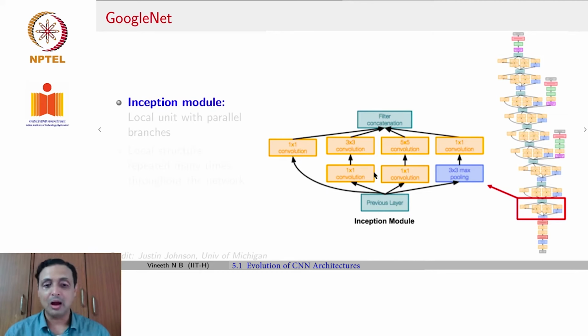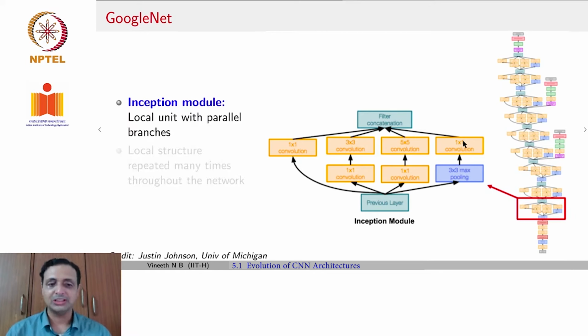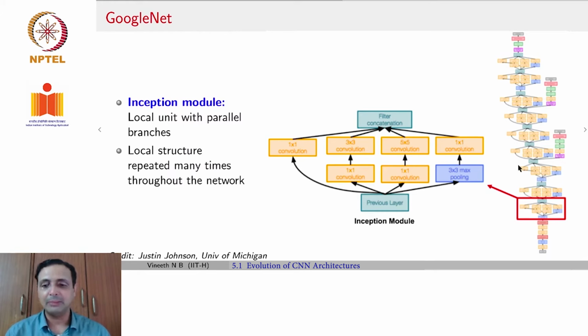In parallel, another couple of layers which did 1x1 and 3x3, another couple of layers which did 1x1 and 5x5, and another one which did max pooling and 1x1 convolution. So this was a local unit with parallel branches, and this local structure repeated many times in the neural network. As you can see, this Inception module was stacked on top of each other to complete the architecture of the GoogLeNet.